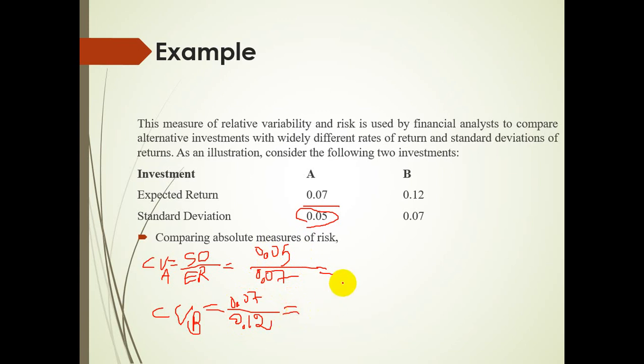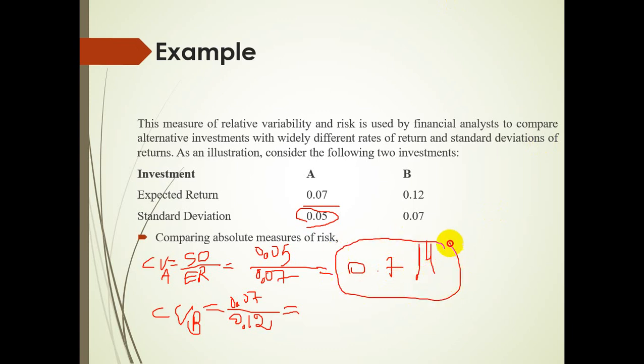So how much will it be equal to? If we want to calculate the coefficient for the first one, 0.05 divided by 0.07, it will be equal to 0.714, right?